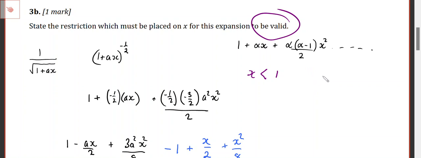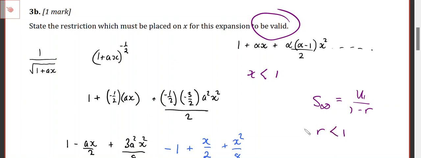Can I always evaluate an infinite geometric series? You can't. You can only do it if the ratio of terms is between 1 and negative 1, because otherwise it would diverge. So the ratio has to be less than 1.